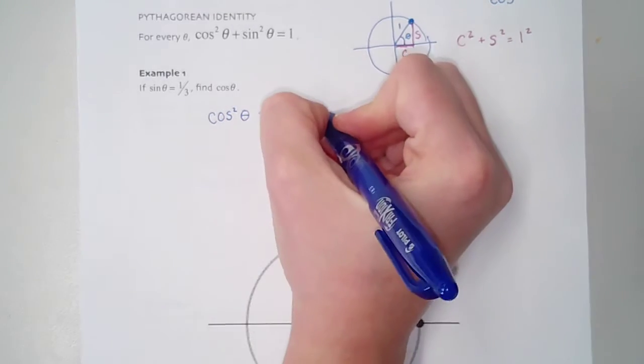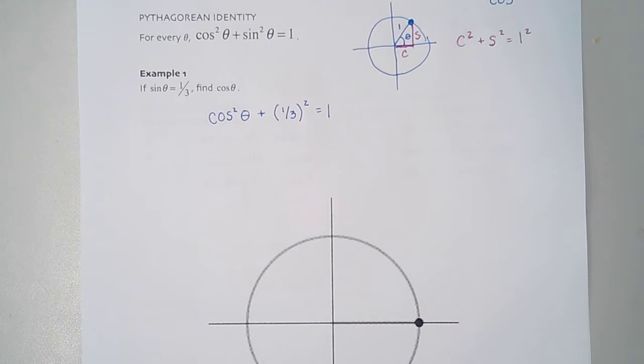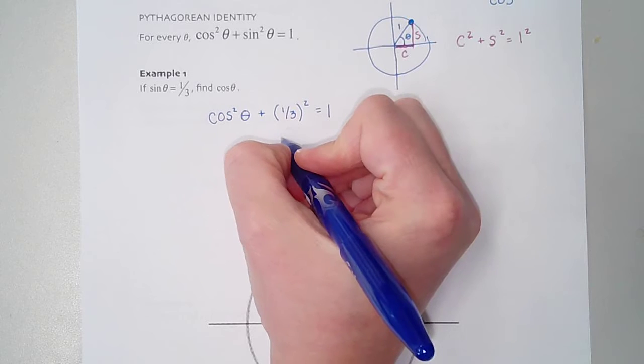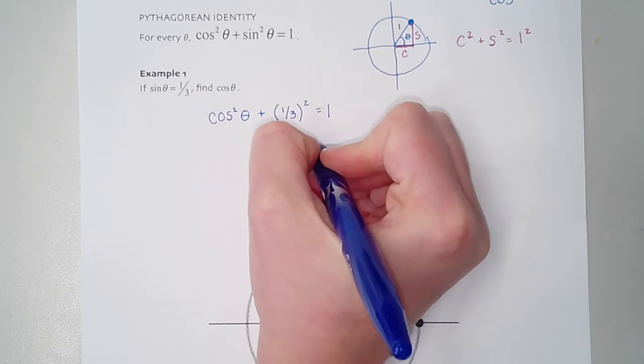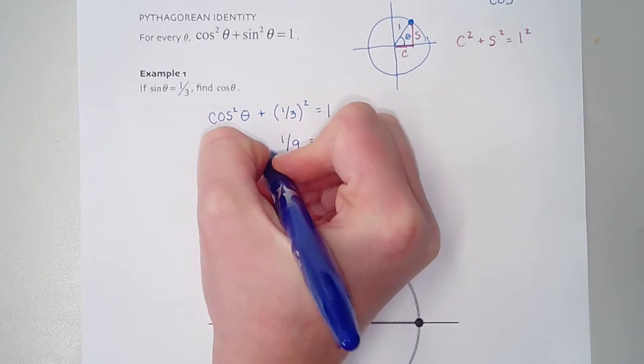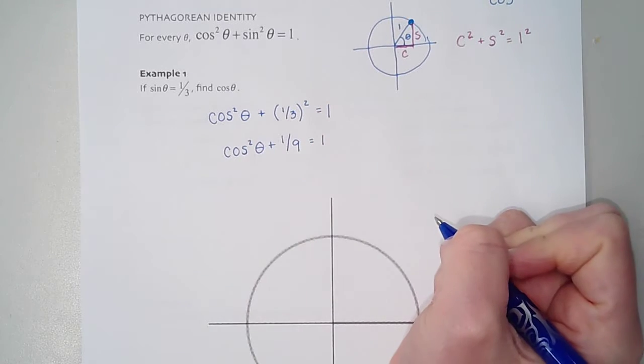And then I know that has to equal 1. So 1/3 squared I know is 1/9. So cosine squared of theta plus 1/9 equals 1.